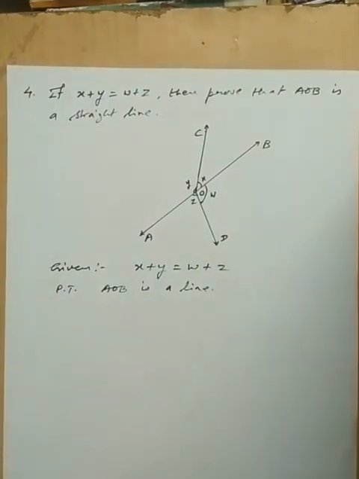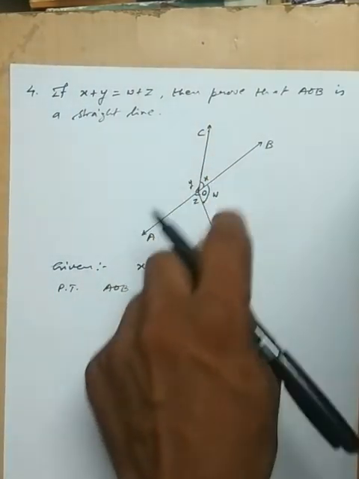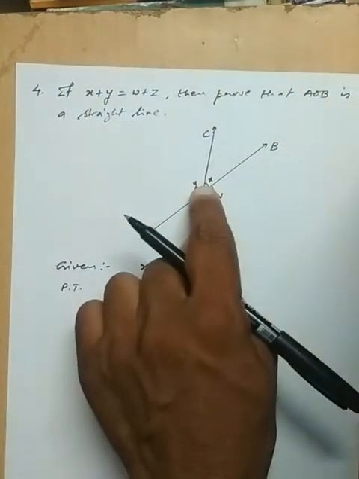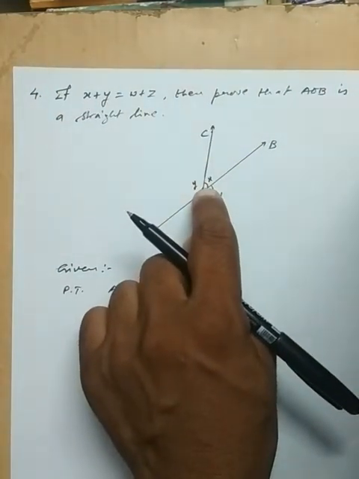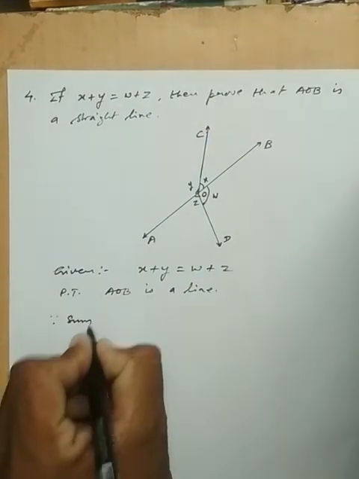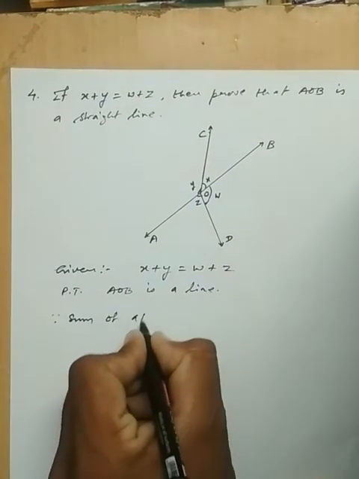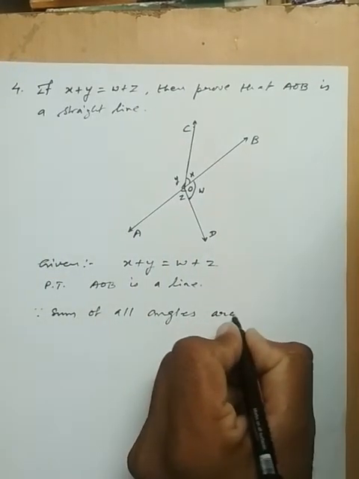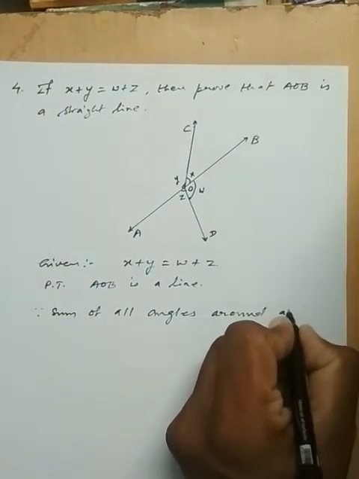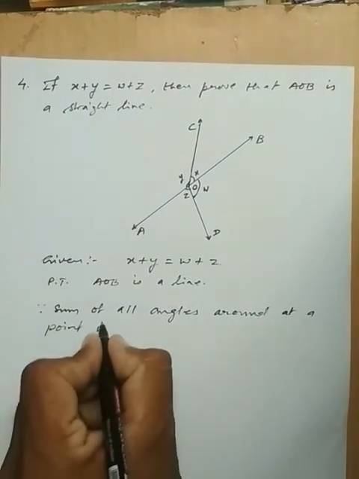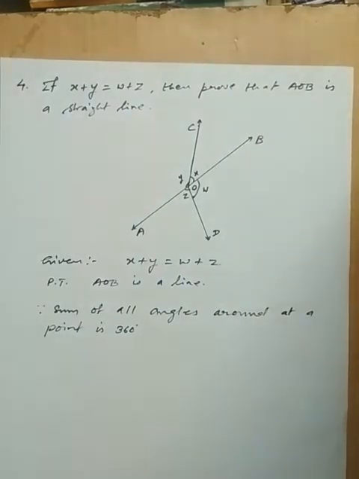Here we are using the properties related to angles, and there are 4 angles around a point. So here is a property: the sum of all the angles around a point is 360 degrees.